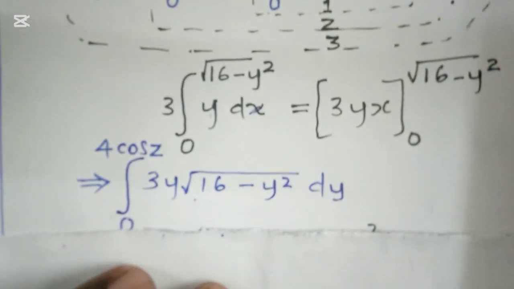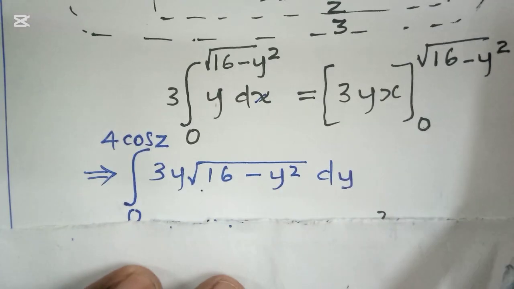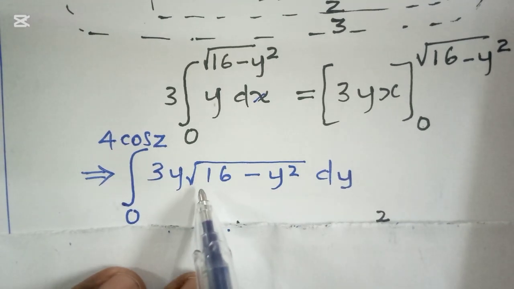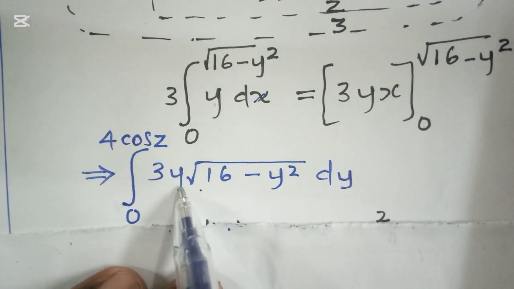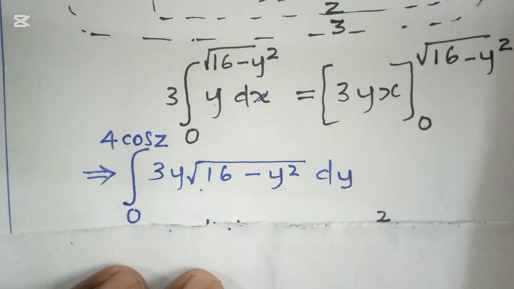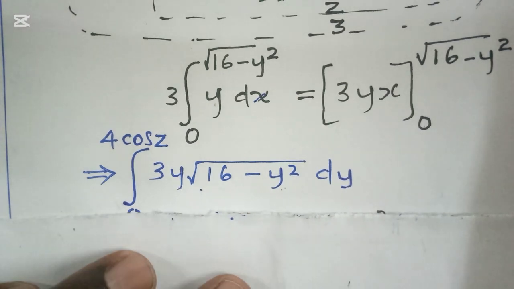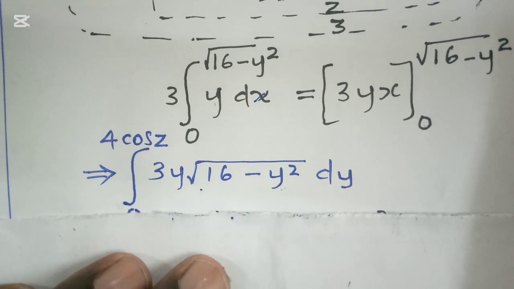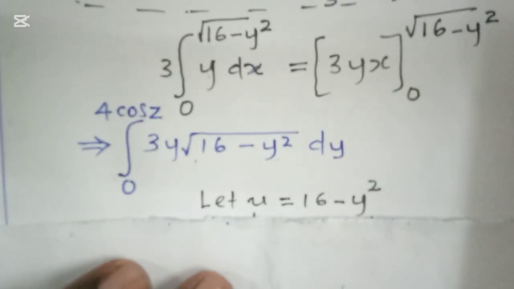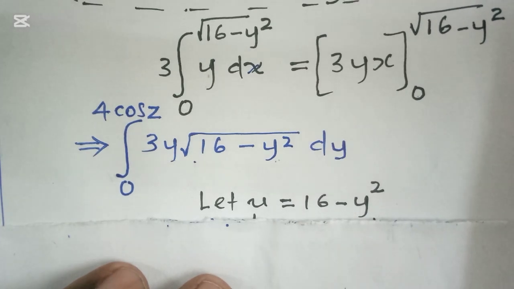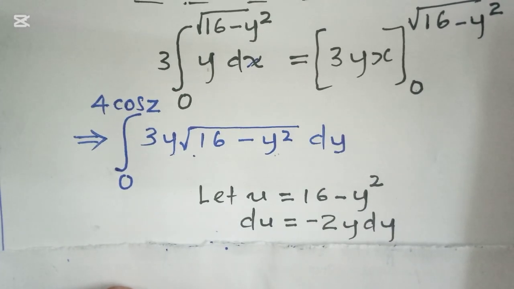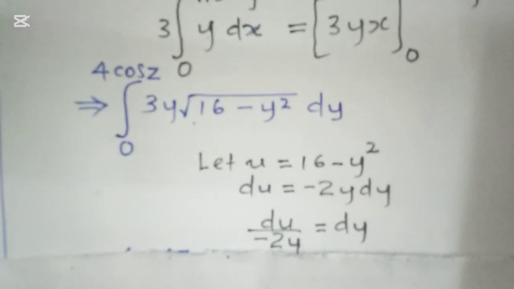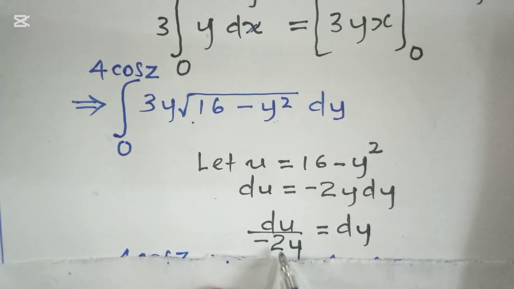And this is what guys now I'm going to do. When I integrate that, I will now consider my variable as y. And from there guys, I can use u substitution, whereby I will say let u be equal to 16 minus y squared, and so therefore du is equal to negative 2y dy. And so we can replace the dy with du all over negative 2y.